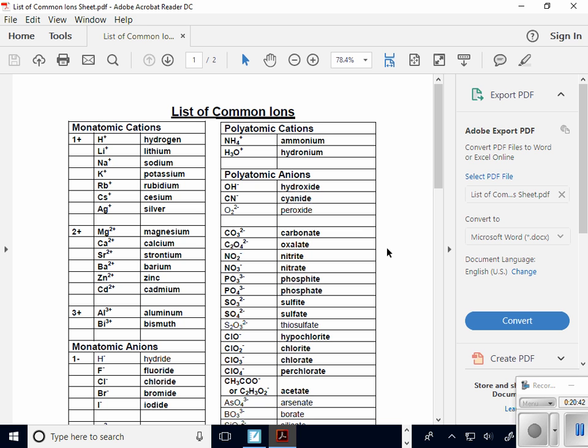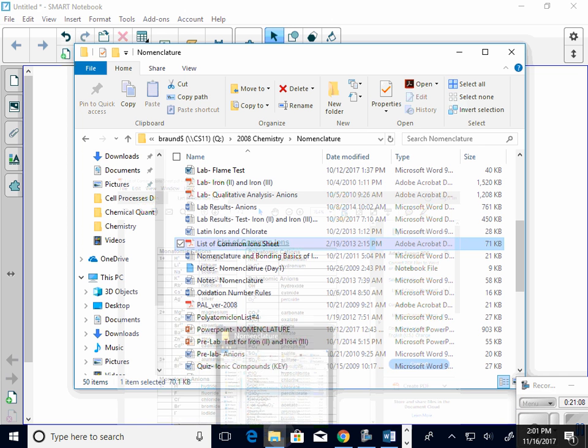I really, really like that little periodic table on the back side because it helps you associate the charges with certain families. Look at your alkali metals, group 1. All of the alkali metals have a +1 charge, don't they? The second group, the alkaline earths, all have a 2+ charge, right?